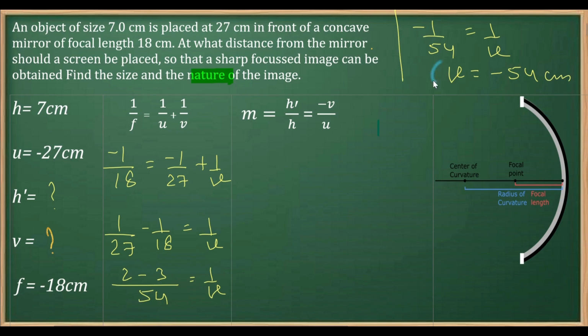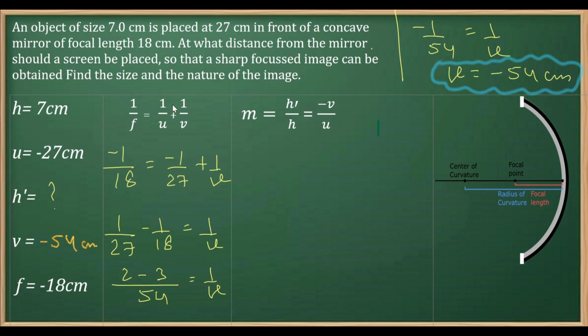So we can say that the distance of the image from the mirror is 54 centimeter, which is the same as the distance of the screen. Once we have obtained V, V we got as negative 54 centimeter.